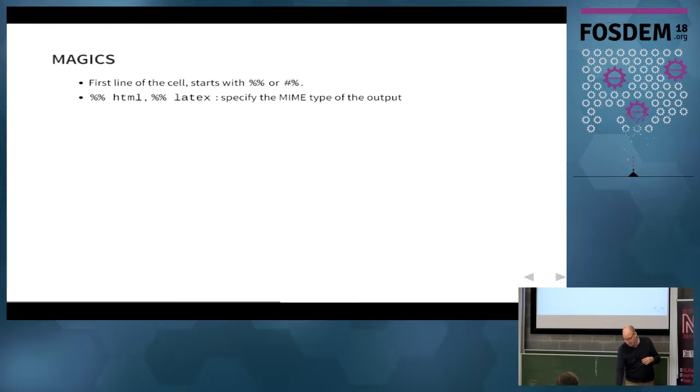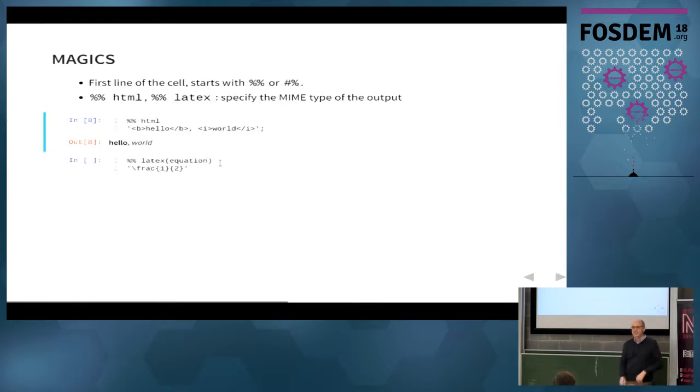If you start a cell with %%, or if you want it to be a comment, you can have it start with number %. The first line is interpreted as a magic, and there's a list of them you can see in the documentation. So %HTML says, I'm generating HTML. So this string here, instead of being escaped, will just get rendered in the browser. OK, so this is so you get your bold and your italics.